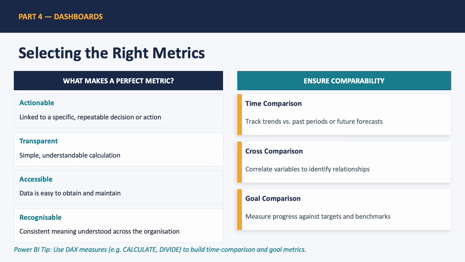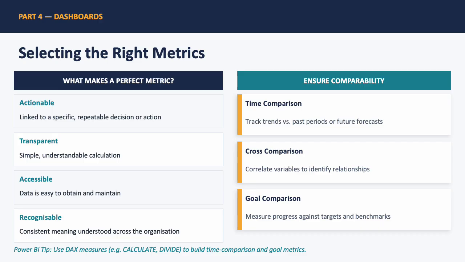Beyond those 4 qualities, metrics must also support meaningful comparison. Time comparison allows you to assess whether performance is improving or declining. Cross comparison allows you to see whether one region, product, or team is outperforming another.